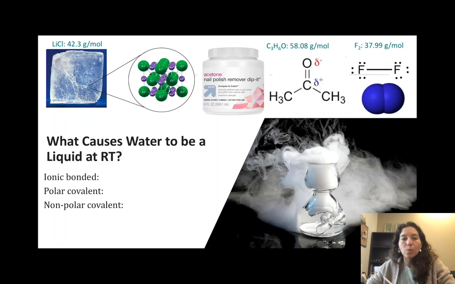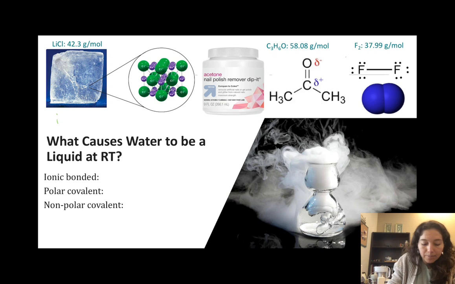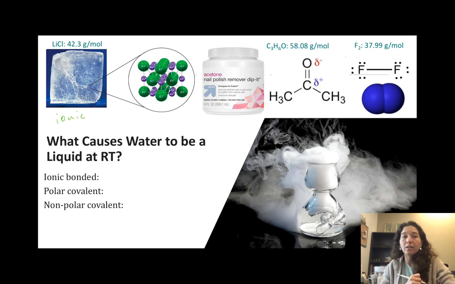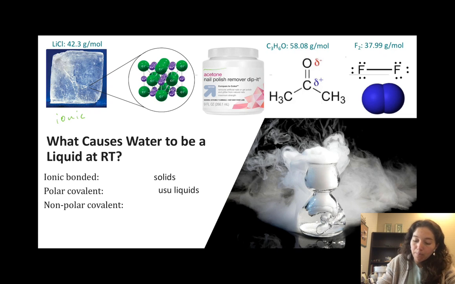So we had looked at water and had asked what causes water to be a liquid at room temperature. Well, we can see the difference in these types of bonds and see this difference here. So this is our ionic bond here with lithium chloride, and we can see it's normally a solid. If we look here at acetone, acetone is normally a liquid, and it's got a polar covalent bond here. It also has some nonpolar covalent bonds here.